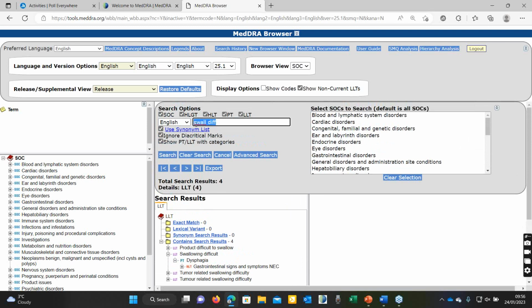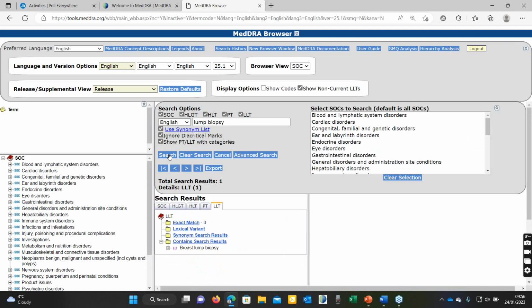And there's one thing I want to show you here, lump and biopsy, other terms in MedDRA. When I was doing preparation for this, I found there was an LLT of breast lump biopsy as a whole LLT, but I couldn't find a pharyngeal lump biopsy in MedDRA, and that's why I've split coded it. But look, the breast lump biopsy actually links to a PT of biopsy breast.